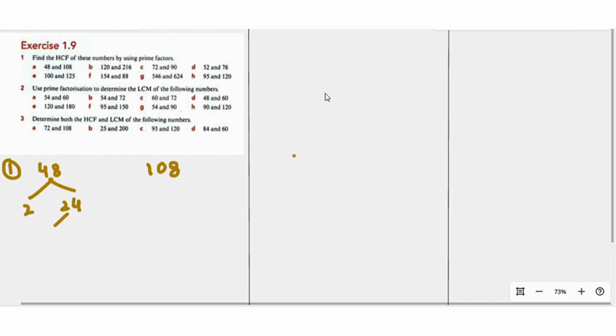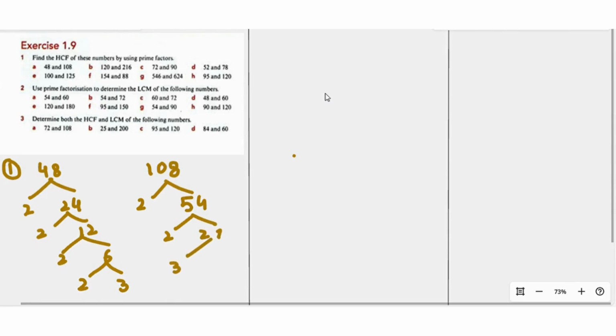So I'm going to make prime factors of 48 first, with the help of factor tree method, and 108, 2 into 54, 108, and 2 into 27.